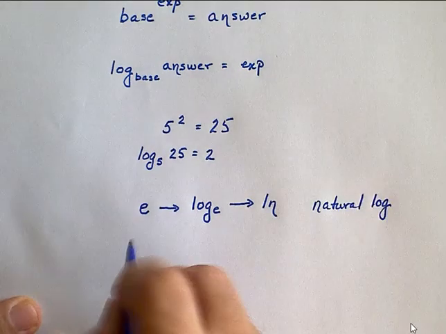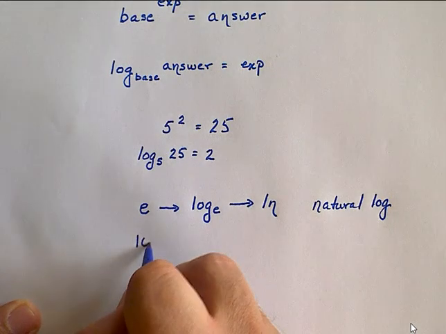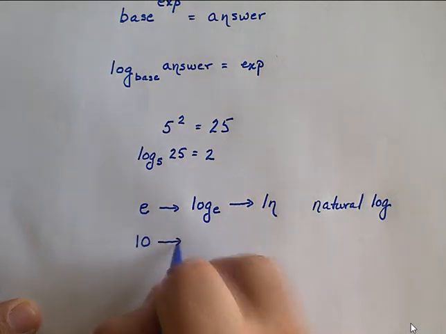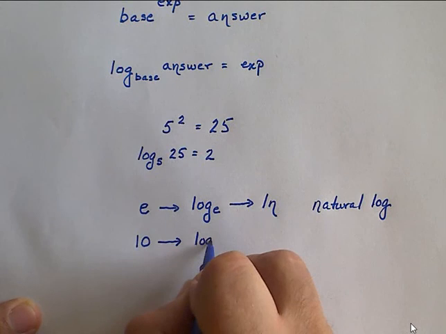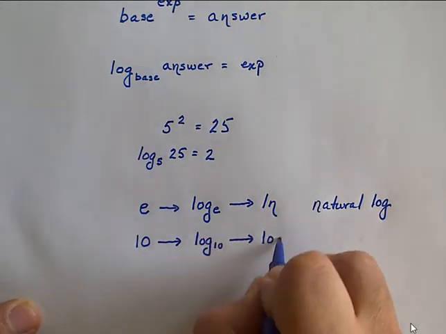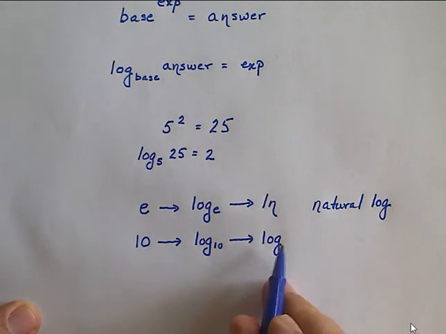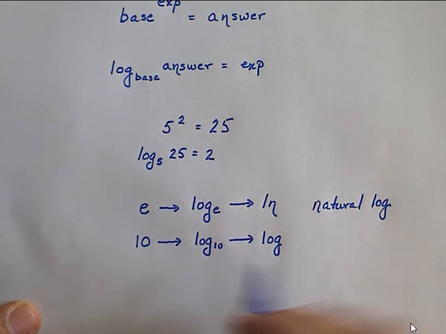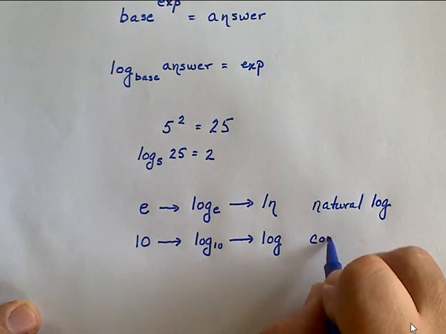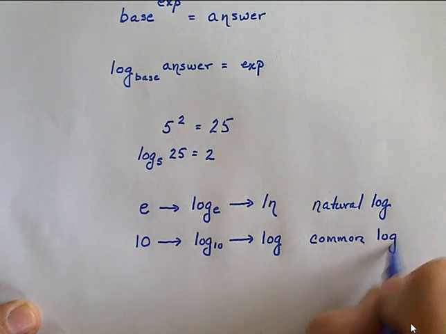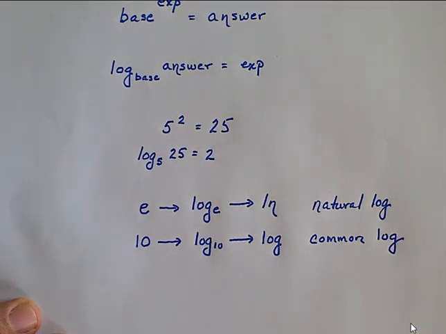We also have, since our number system is base 10, they also created a log this way. Base 10 becomes log base 10, which we use as just the word log. If you don't see a number as a base, it's automatically assumed to be log base 10. This is called a common log, a common logarithm, and that is also on your calculator.